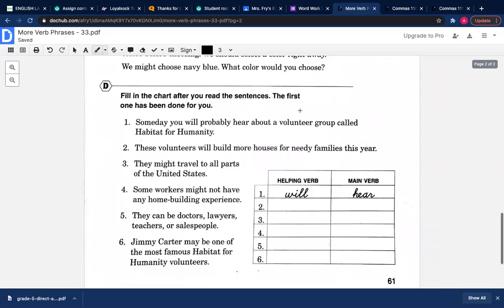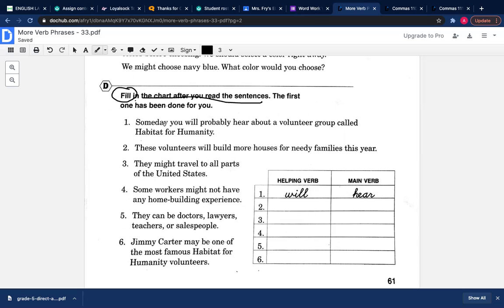In part D, it says fill in the chart after you read the sentences. The first one was done for you. Number 1, someday you will probably hear about a volunteer group called Habitat for Humanity. Okay? We need to find the main verb and the helping verb in this.